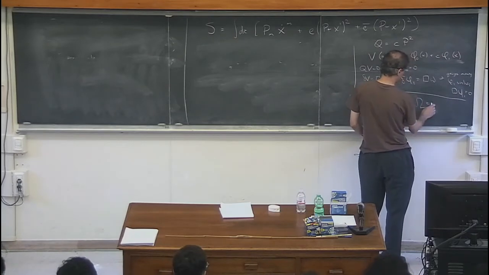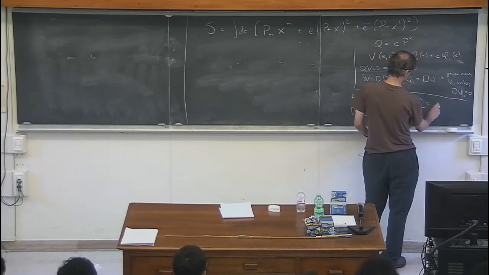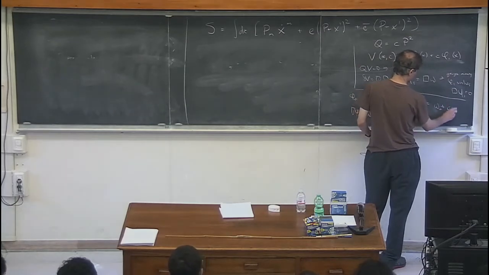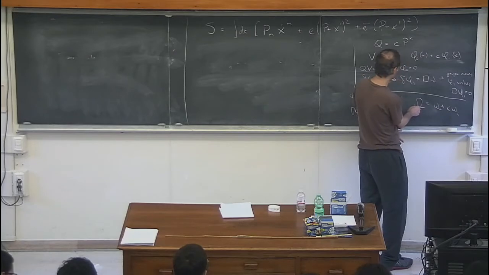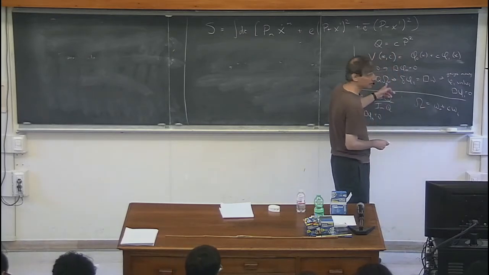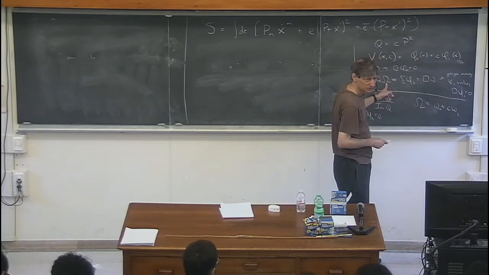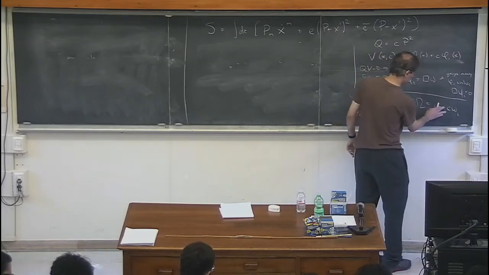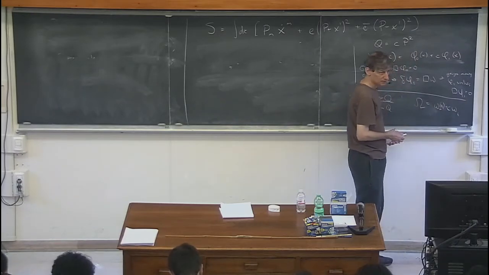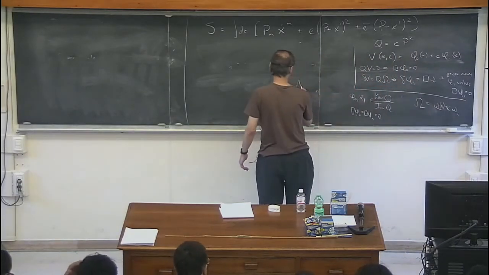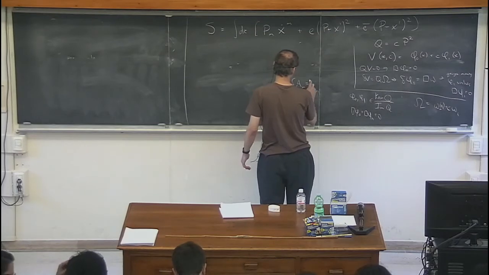Capital omega is a gauge transformation, which I could also write in this form if you like. It's a gauge parameter. It's just a field which depends on x, which I think of as a gauge parameter, just like in Yang-Mills, where you have delta A mu is d mu of lambda.